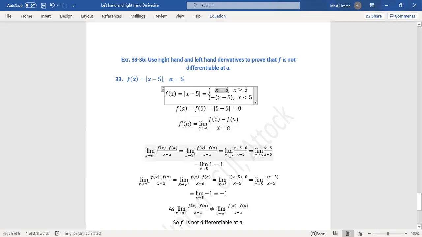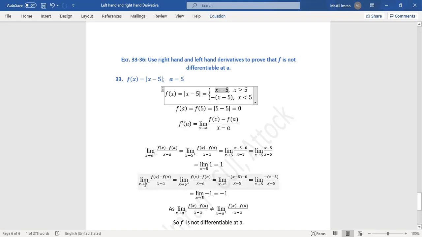Using this, limit x approaching 5, x minus 5 minus f of 5, which is 0, divided by x minus 5. Limit x approaching 5, x minus 5 divided by x minus 5. Cancelling x minus 5 from the numerator and denominator, we have limit x approaching 5 of 1, and the limit of a constant is the same, so the limit is equal to 1. Now we will find the left hand limit.